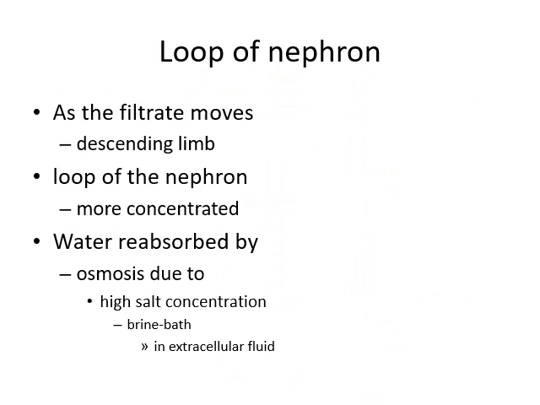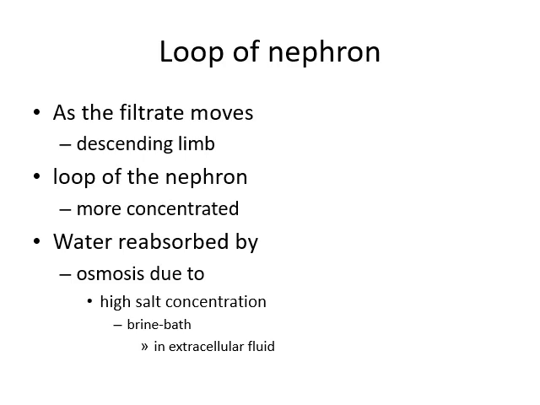Loop of the nephron. As the filtrate moves down the descending limb, it is more concentrated, as 25% of water is reabsorbed in the proximal convoluted tubule. Water is again reabsorbed here due to osmosis, as there is a high salt concentration in the brine bath of the extracellular fluid.